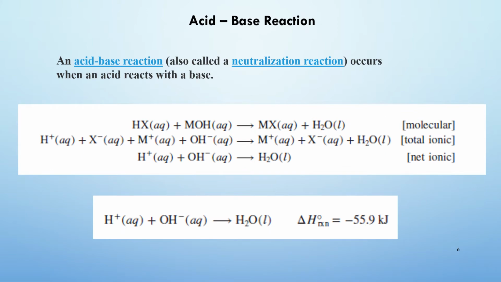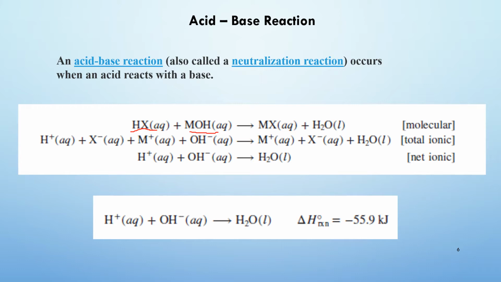In chapter 4, we also talked about the acid-base reaction, which is also called a neutralization. When you mix an acid and base, they will react and form water. For example, in this case, if you have an acid and a base, remember this is called the molecular equation, just showing the overall equation.